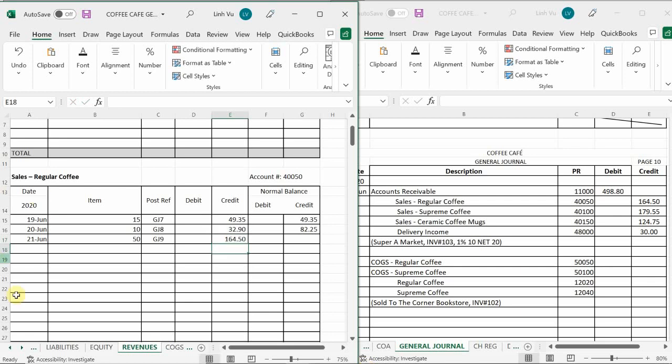Okay. So then what's my ending balance if I'm increasing my sales? You already added 49 to 32 to get you a total of 82. So all I need to do is take that 82 and add the 164.